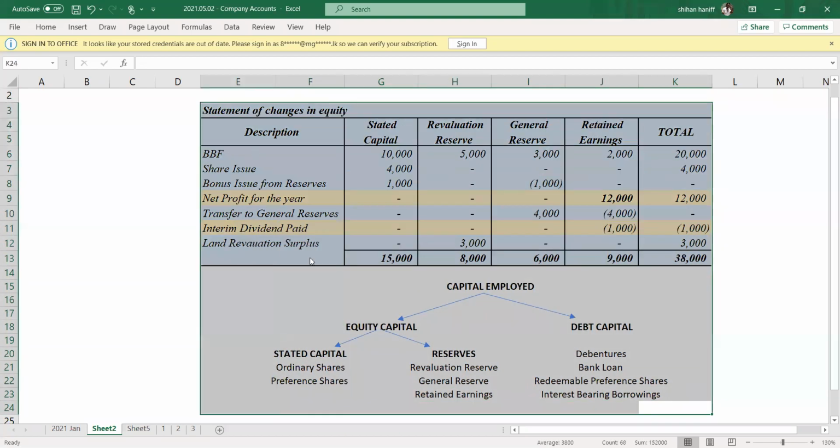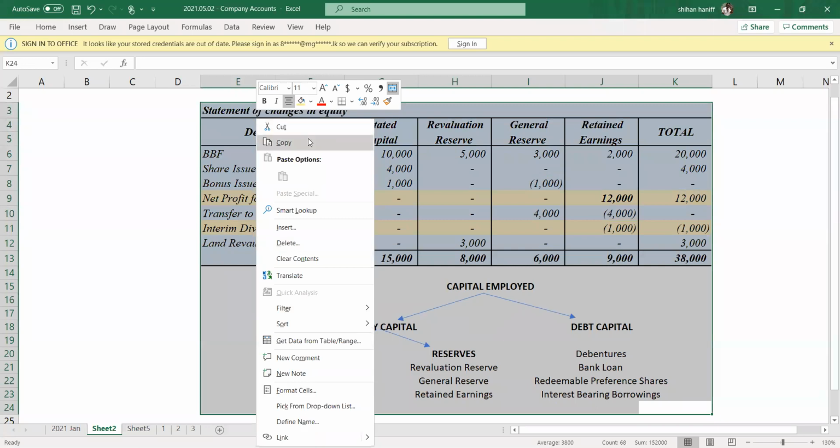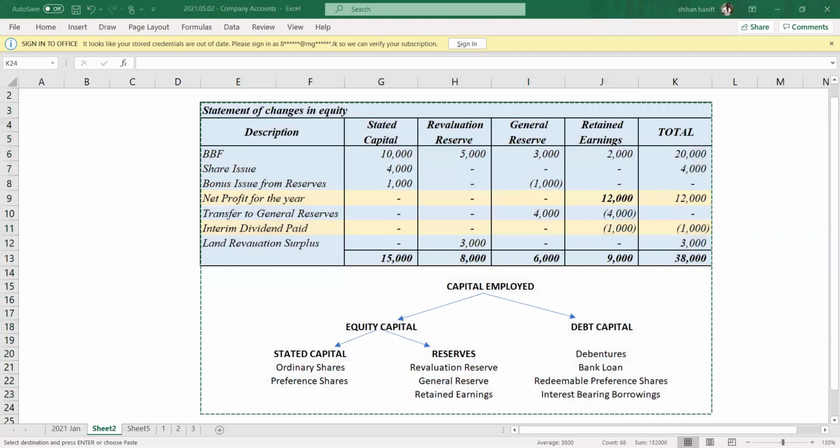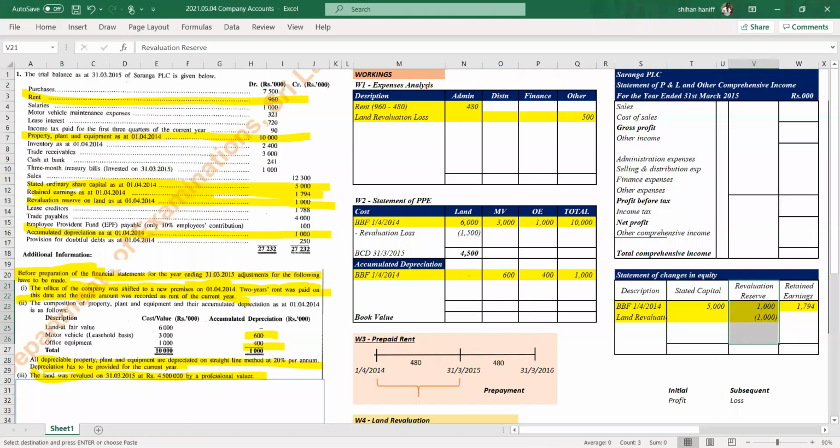I'll share this. Right. So that's about the revaluation.